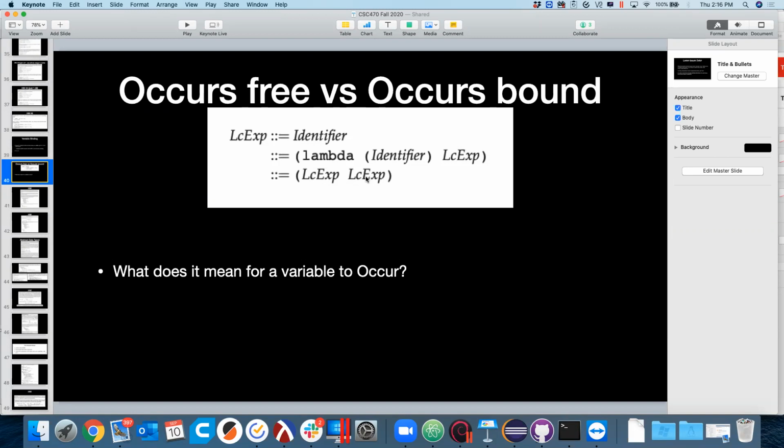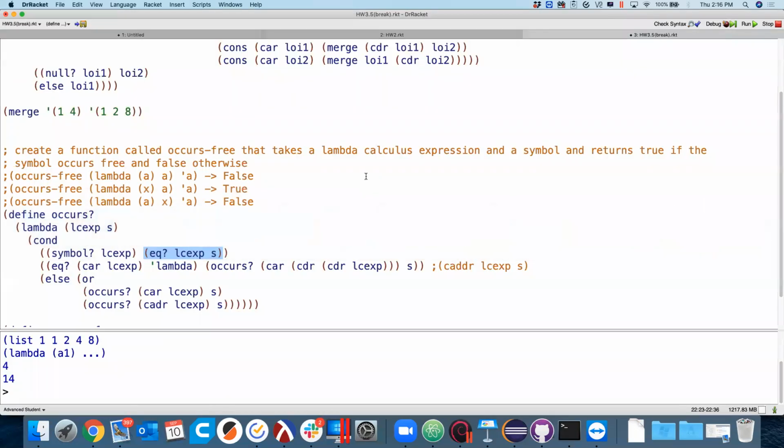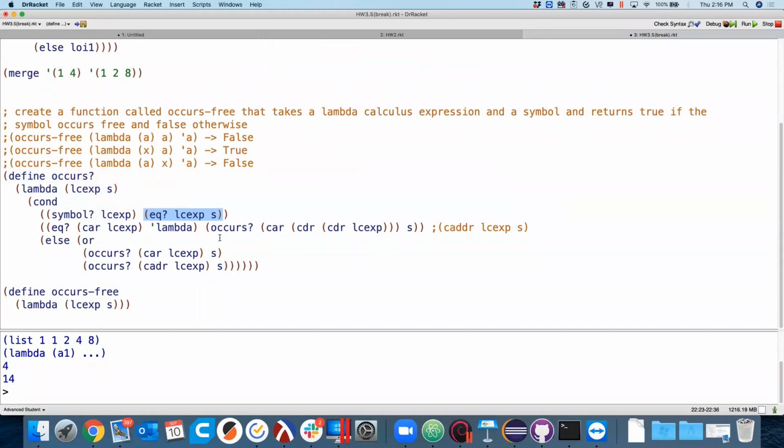But now we want to find out whether it occurs free. What does it mean for something to occur free? So it has to A, occur, and B, not be bound. So we could write another function here for like is bound.